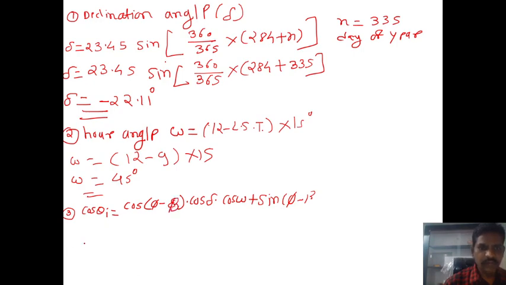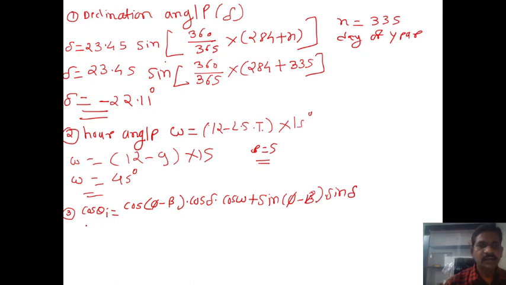Some books give beta or delta as the slope angle. So cos (phi minus beta) cos delta cos omega plus sin (phi minus beta) into sin delta.